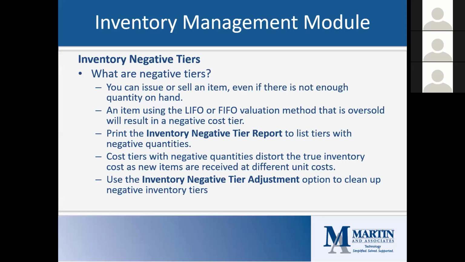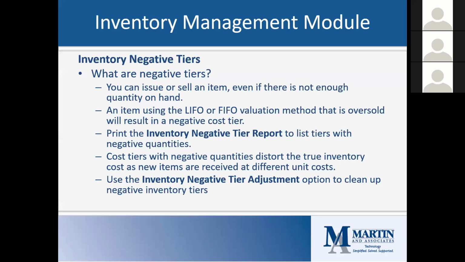So you run this negative tier adjustment, and what that will do is take any positive FIFO layers and offset them against any negative FIFO tiers out there to get rid of those negative tiers. There might be an adjustment to the inventory adjustment account if the unit costs between the two layers were different.